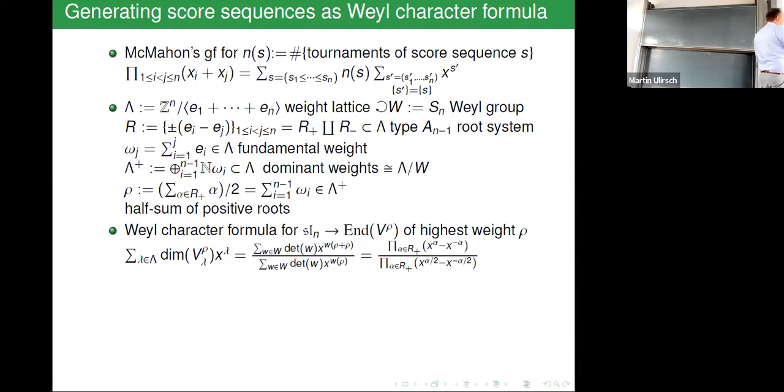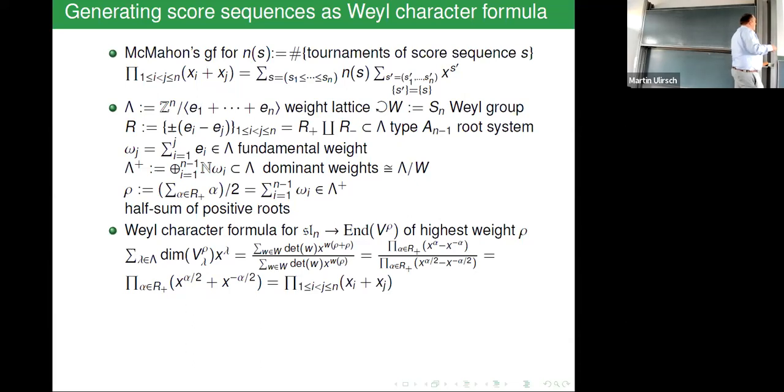And now you see this identity into this particular dominant weight, which of course now, for us, if you rewrite everything, does it tell us that actually this is tournament theory notion?